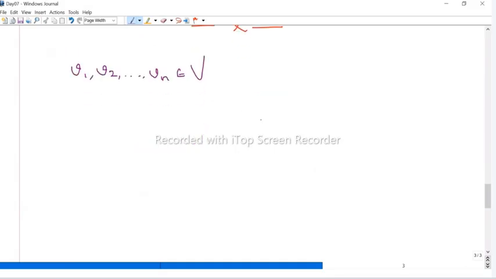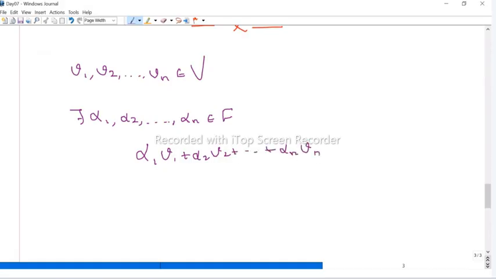A linear combination means there are scalars alpha 1, alpha 2, ..., alpha n from the field F, such that the combination alpha 1 v1 plus alpha 2 v2 plus ... plus alpha n vn is called a linear combination of the vectors v1, v2, ..., vn.